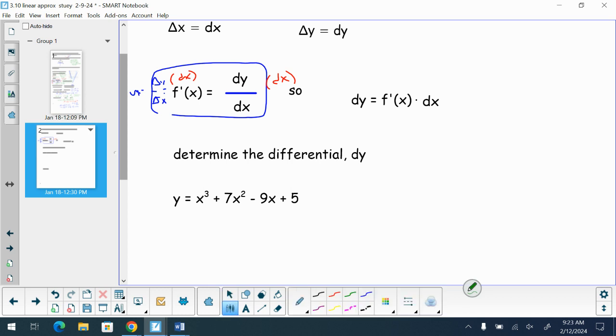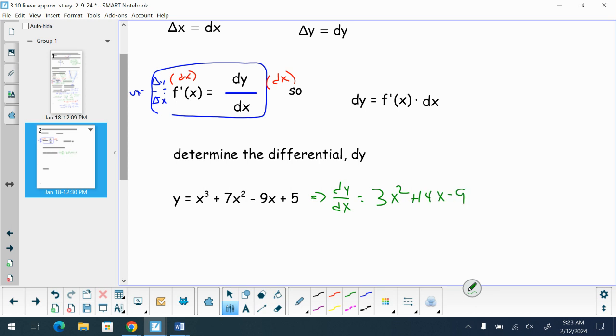Once again, this is sort of nice to step back a little bit and not be too intense. We want to determine the differential dy. So if I can take my dy dx, I can take my derivative of this, which gives us what, Jacob? 3x squared plus 14x minus 9.